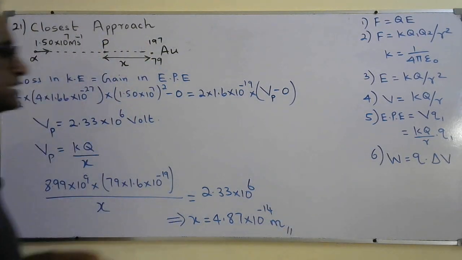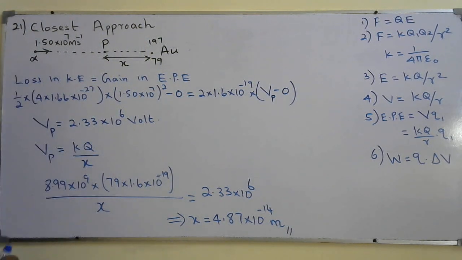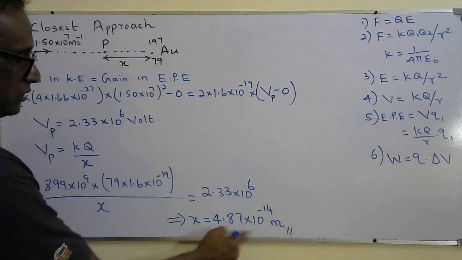That is the closest distance the alpha particle reached from the gold nucleus.